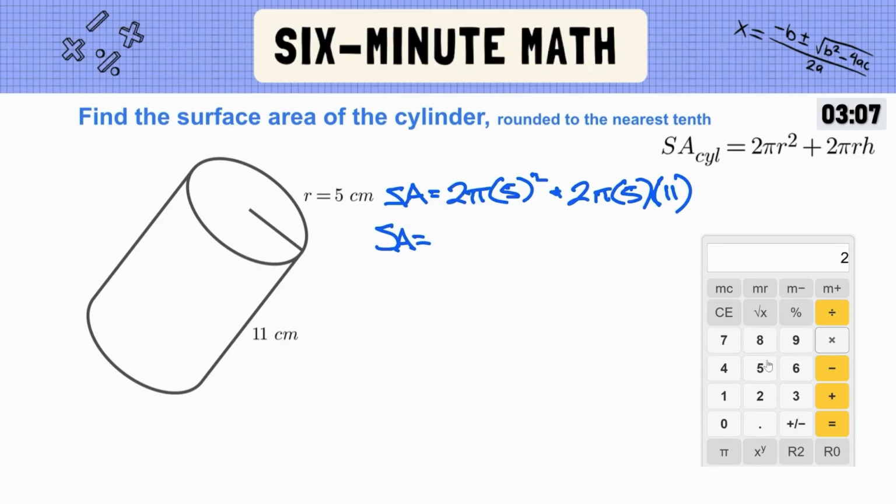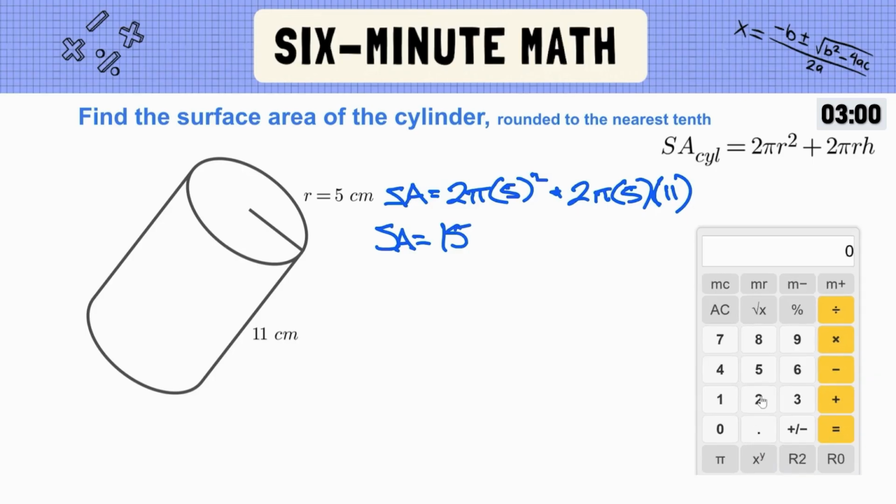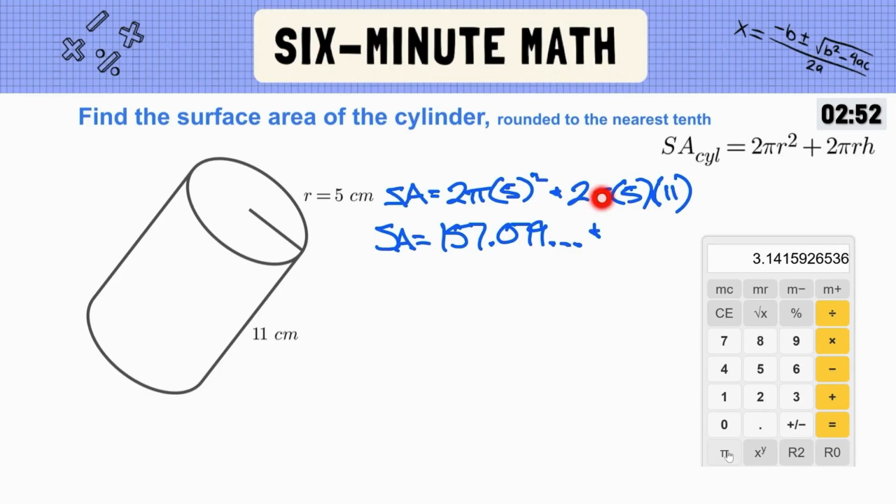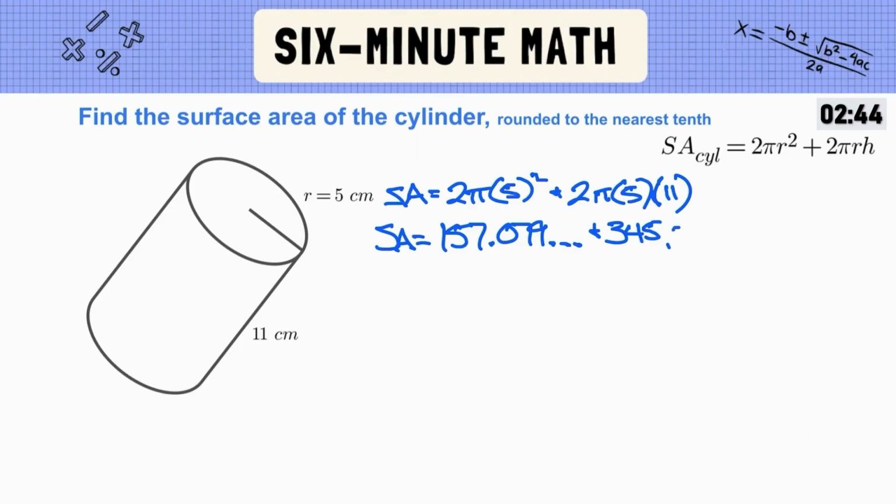So 2 times pi times 25, which is 5 squared, is going to equal 157.079... plus 2 times pi times 5 times 11 is going to equal 345.575... I'm going to add these two together for a surface area of 502.654.